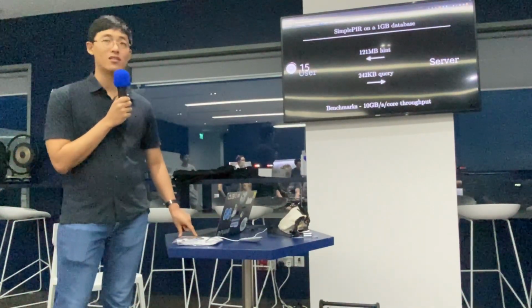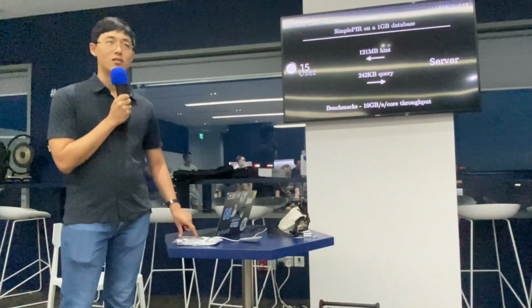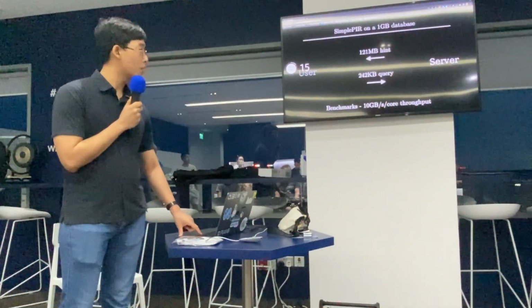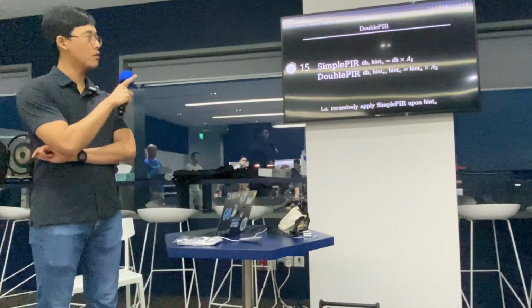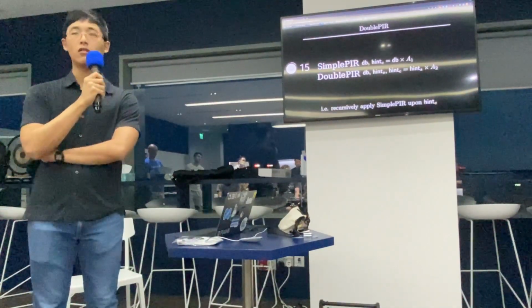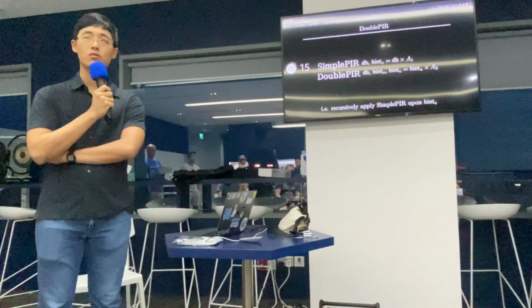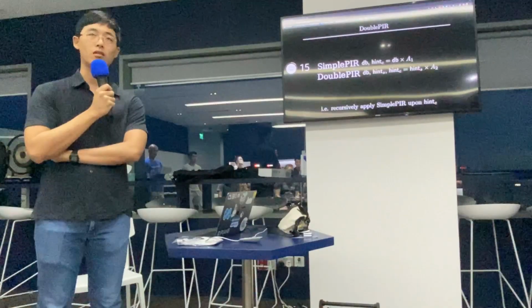If you do recursive queries, would that also increase your error chance? I don't think so, because it's two different errors. There are two ciphertexts in double PIR, so I think it's a different error term.